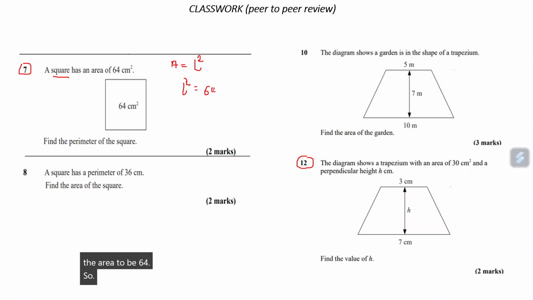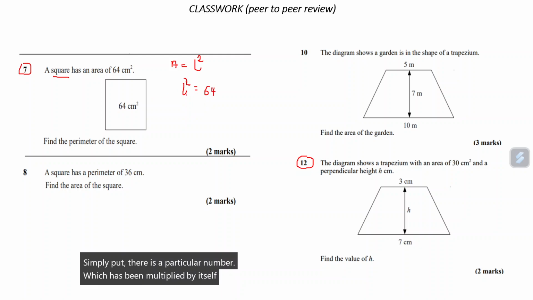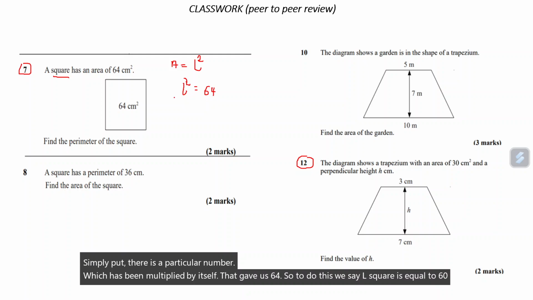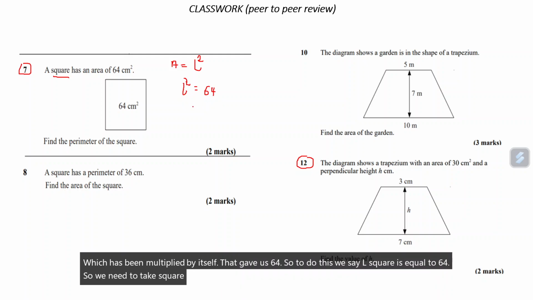So, simply put, there's a particular number which has been multiplied by itself that gave us 64. So to do this, we say L squared is equal to 64. We need to take the square root of both sides.